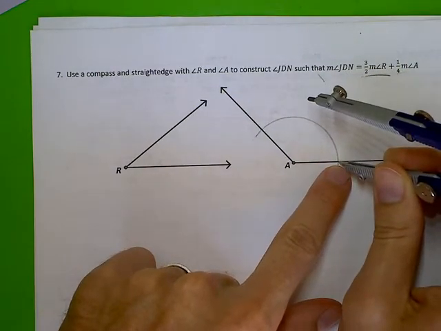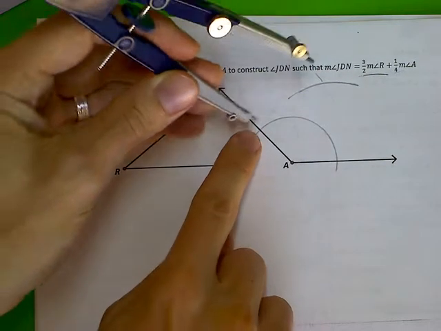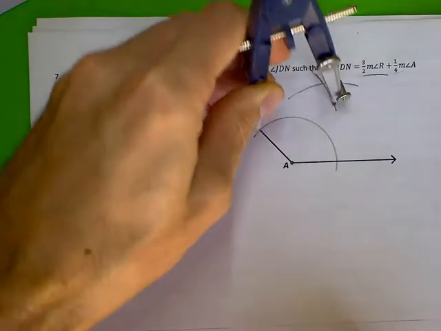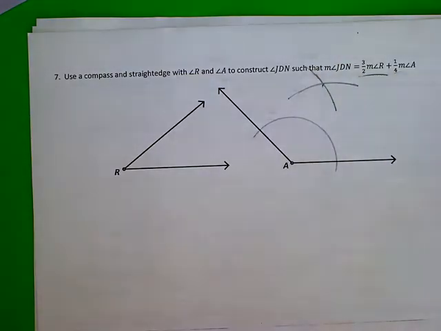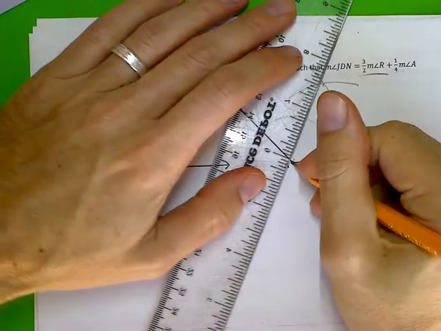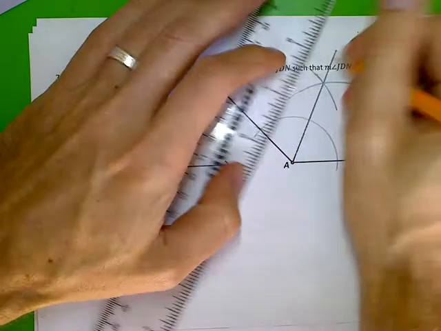So from this point right here, I'm going to make an arc. And from this point right here, I'm going to make another arc. Wherever they cross, this point is going to tell me where to draw the bisector ray. So the bisector ray would go right through here.